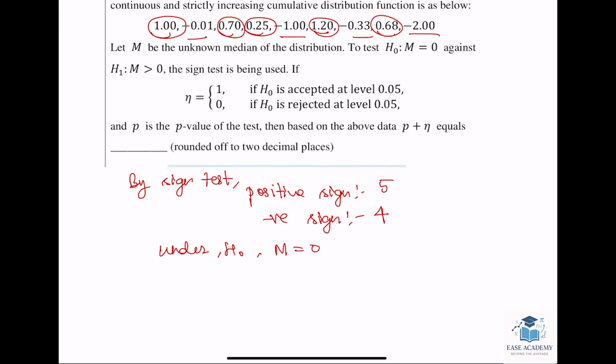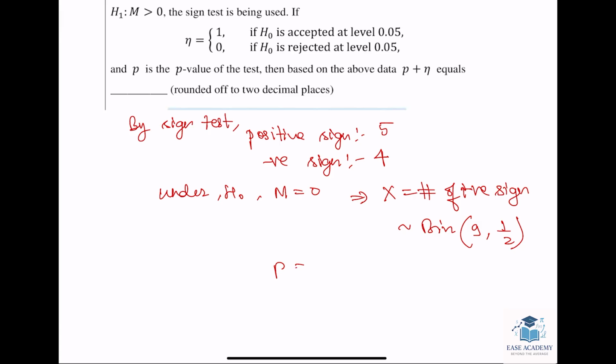Or under H0 we can say that X, the number of positive signs, is distributed as binomial with n = 9 and probability half.